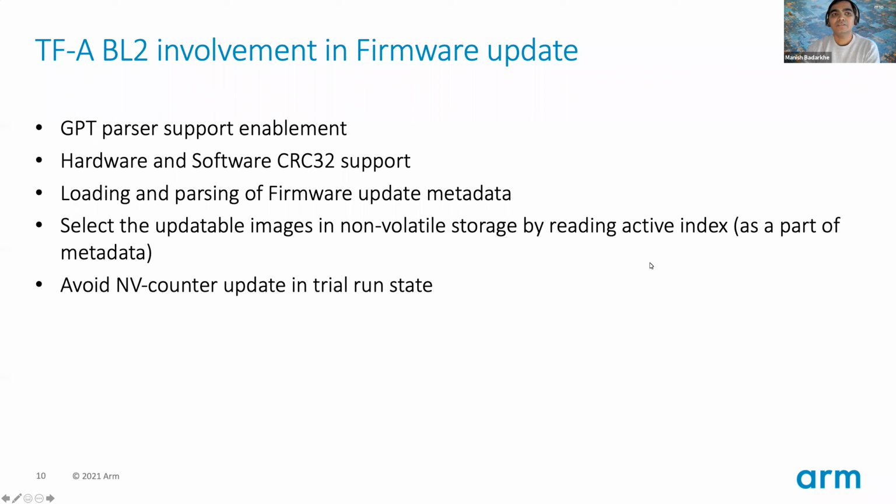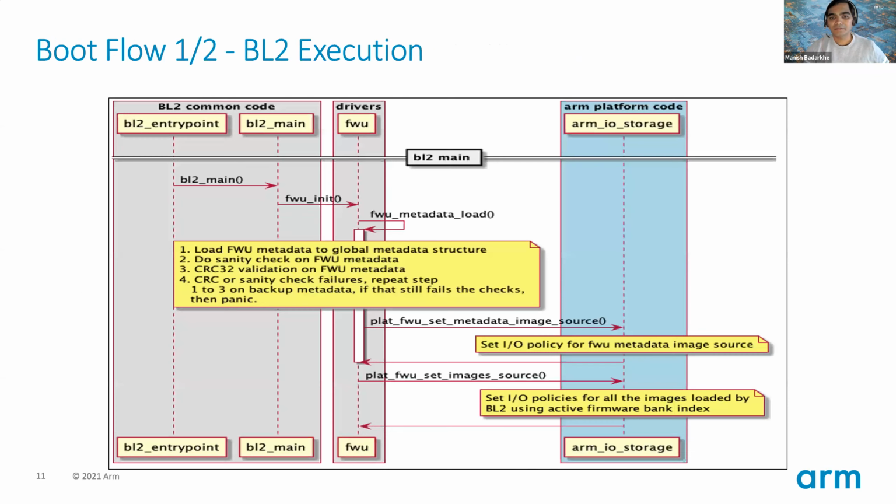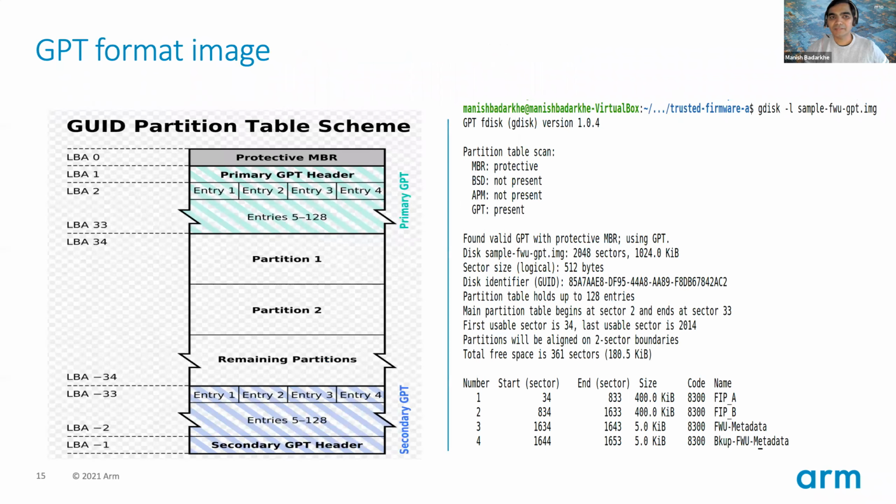This whole thing happens using the GPT parser. If I show the GPT image, it will be more clear. Here you see FIP-A and FIP-B, these two images are present in bank 0 and bank 1.